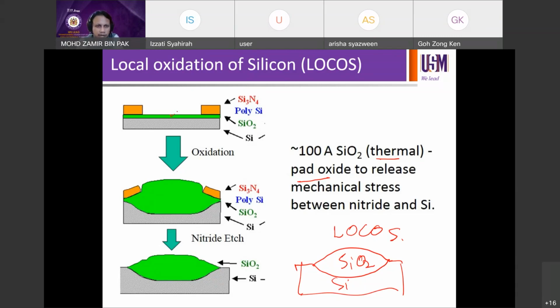So the oxide is the green color on the silicon, and then you have your nitride, right? Nitride and polysilicon there on the sides. Then at the moment you've got this structure, this is your starting structure.